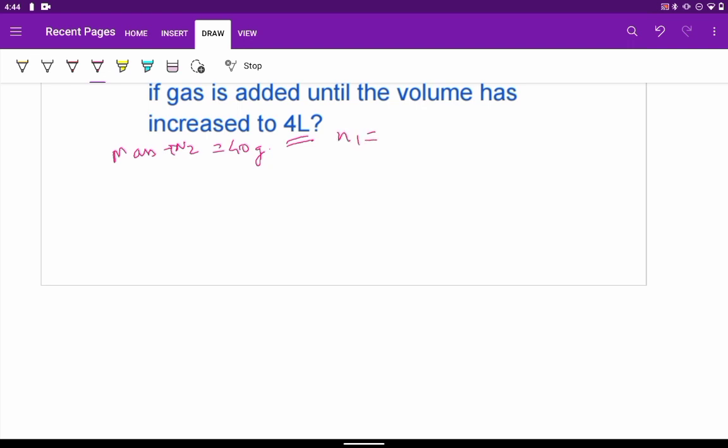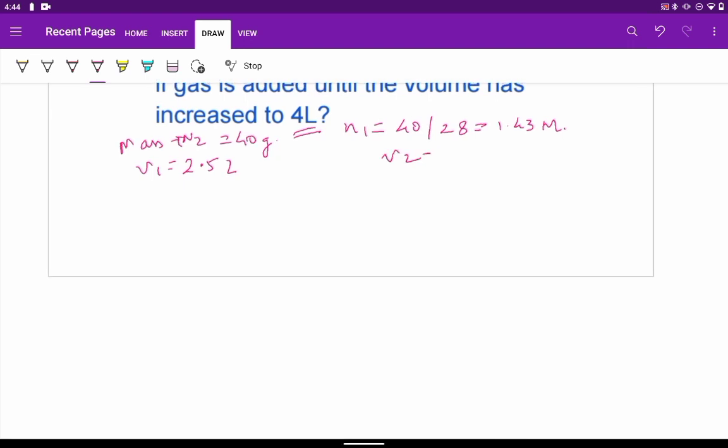Mass given is 40. For nitrogen, molar mass 28. If we divide, we get 1.43 moles. That is N1. And V1 given is 2.5 liters. We have to expand it to V2 equal to 4 liters.